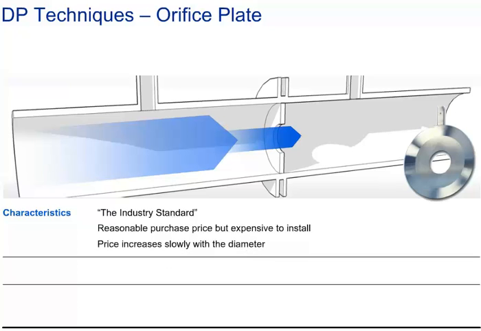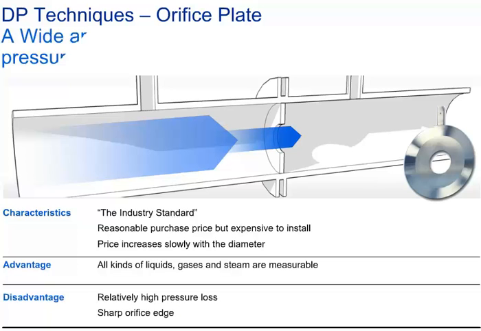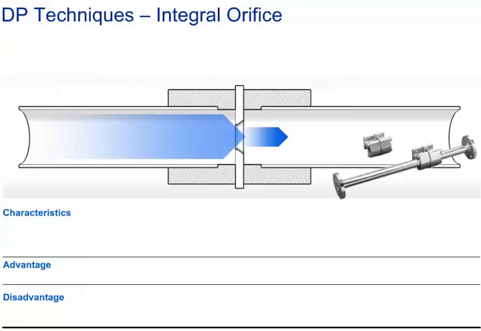The price increases relatively slowly with increasing diameter. Due to the simple construction, the costs are comparatively low. The advantage is that all kinds of liquids, gases, and even steam can be measured using Orifice meters. Sometimes, however, the relatively high permanent pressure loss of Orifice plates could be a disadvantage.